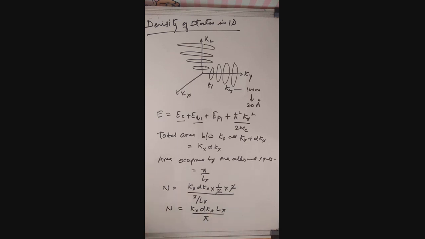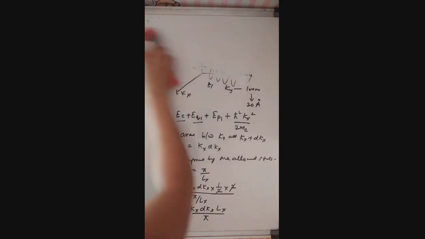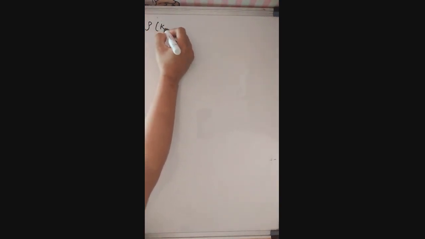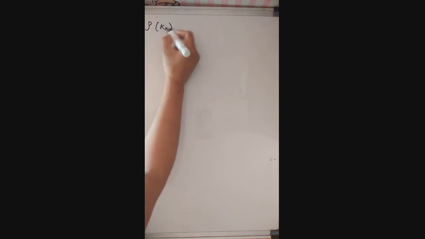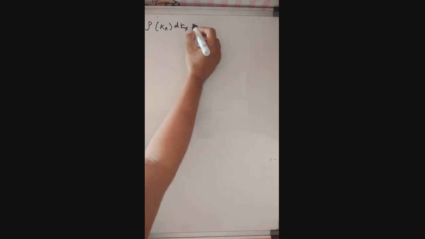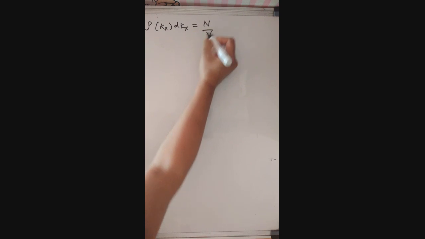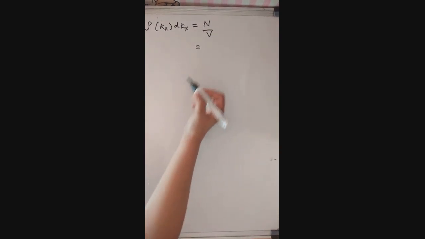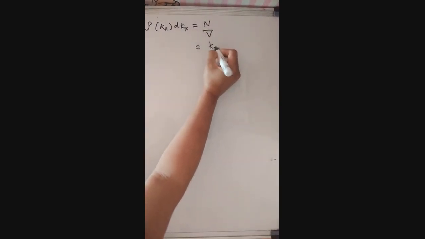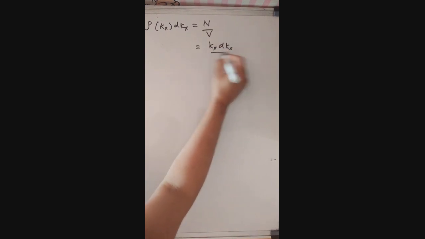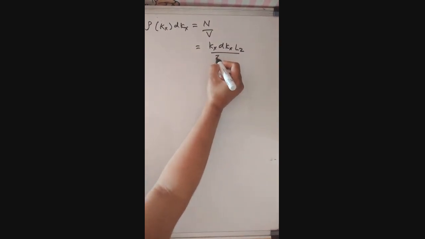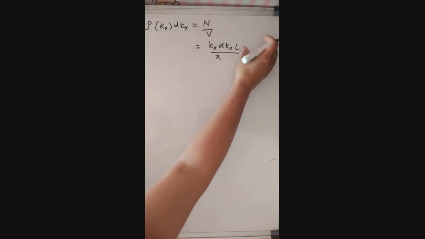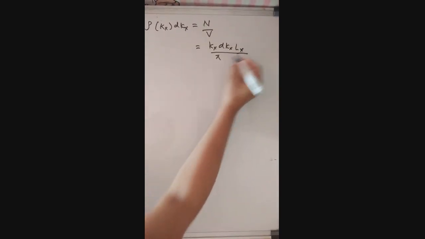Now we have to find out the density of states. So continuing with the density of states, for the density of states between kx and kx plus dkx, we will write rho kx dkx. This will be equal to n by V. So the value that we have obtained for n is kx dkx, with Lx upon pi.